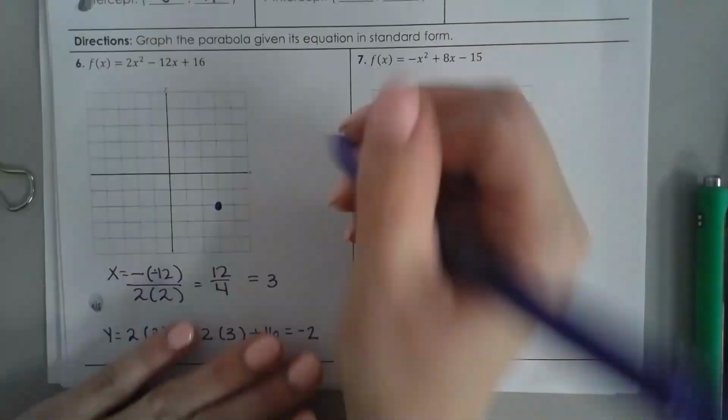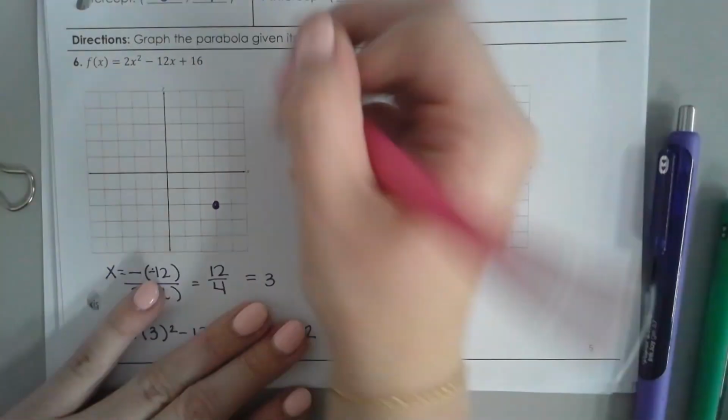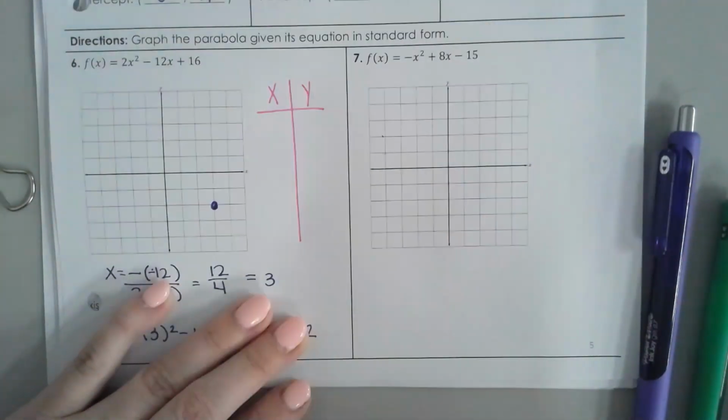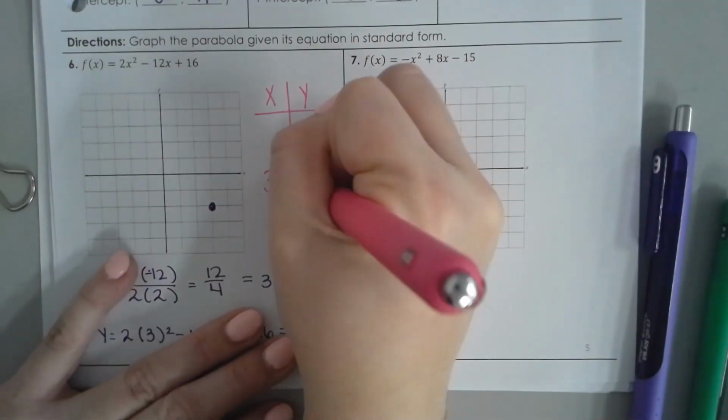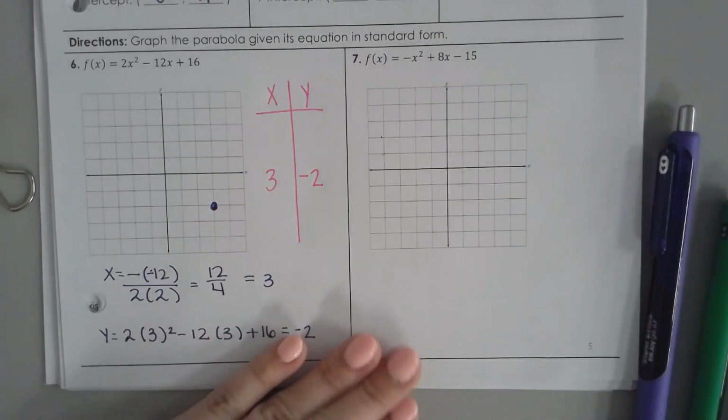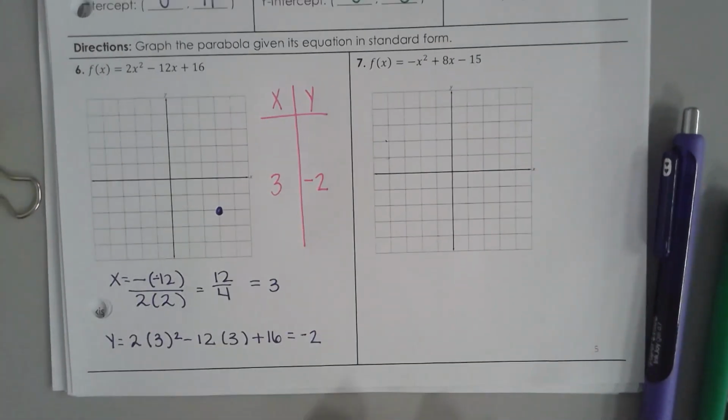And then we're going to create a table, and your vertex is in the middle. We're going to try to find a couple of points above that and a couple of points below that.